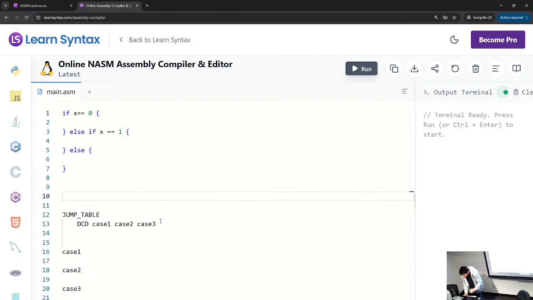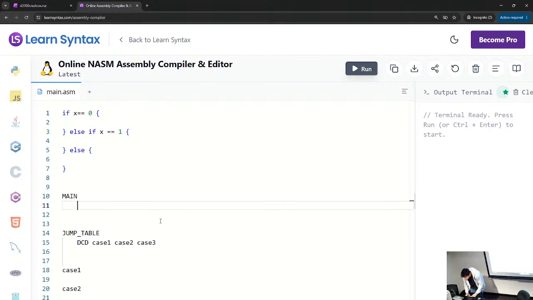Now, what we can do is a little trick. Let's say we have our main here. We can load the jump table address into R0. So what does this do?